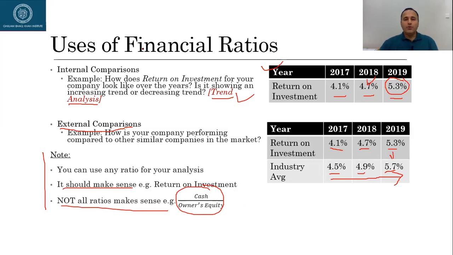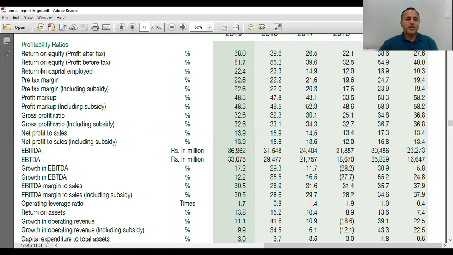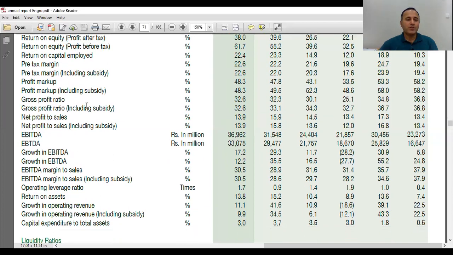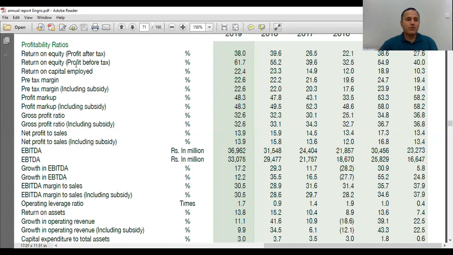So let me give you an example from the industry. I have downloaded an annual report from Engro Fertilizers. And if you see the profitability ratios, there are plenty of them, more than actually 24. Starting with return on equity.